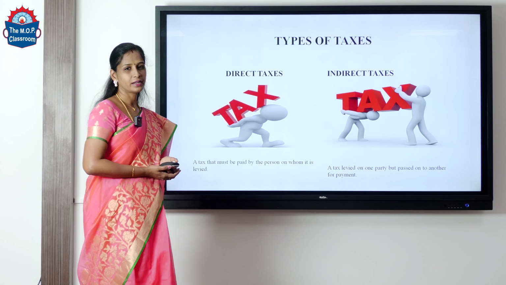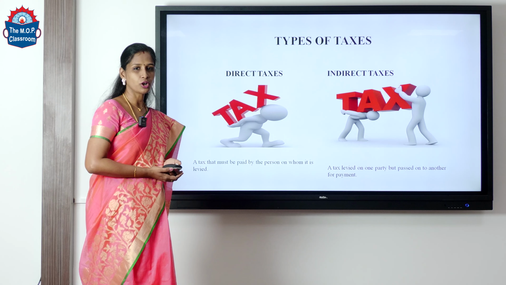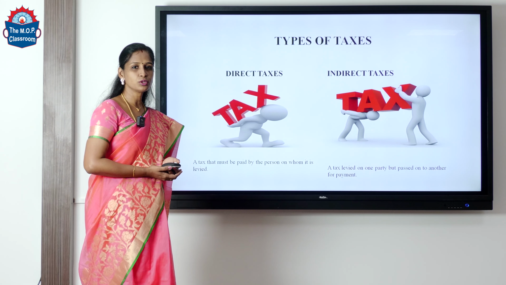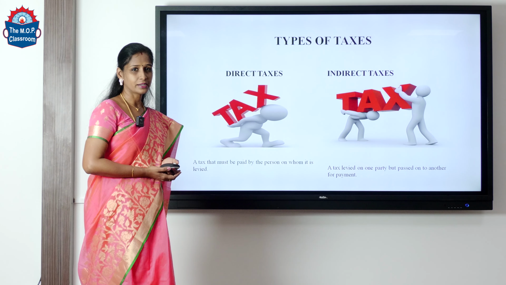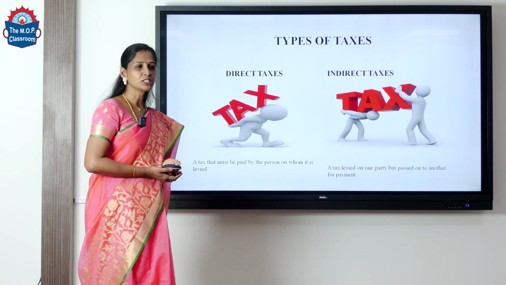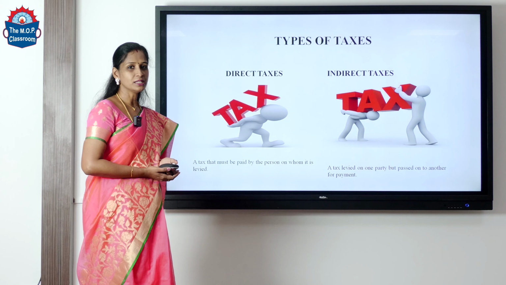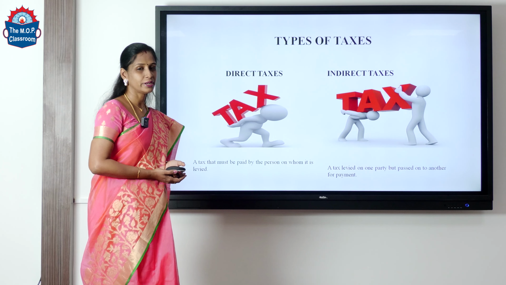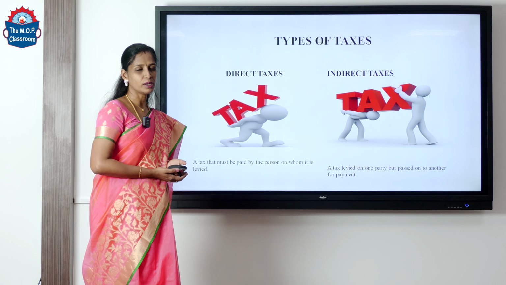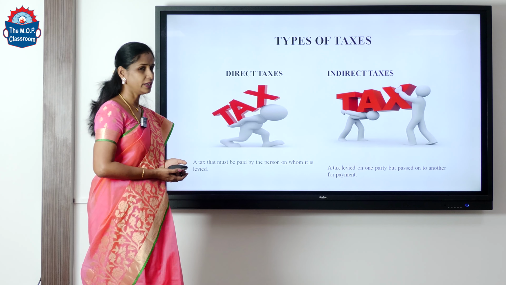When coming to indirect tax, you go to a shop and buy a chocolate for rupees 50. On the back of the wrapper, you can find that it is inclusive of all taxes. That is indirect tax. The tax was initially levied on one person but finally paid by the consumer. So that is the transfer of responsibility of payment from one person to another person. That is your indirect taxation.